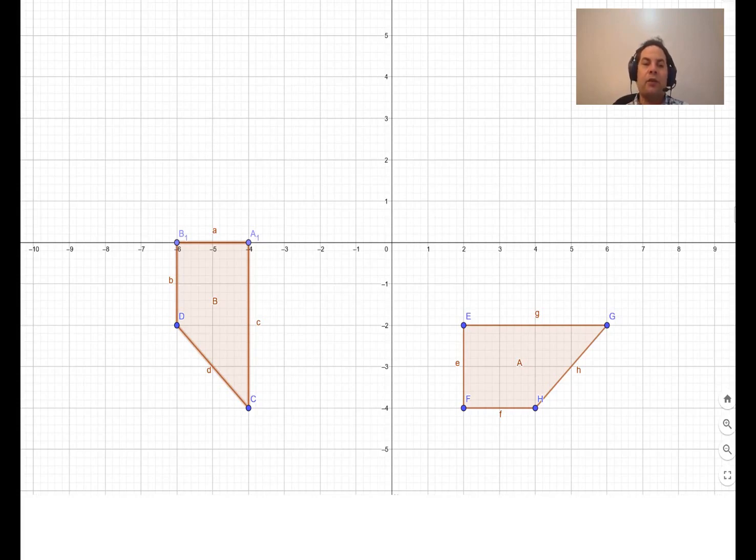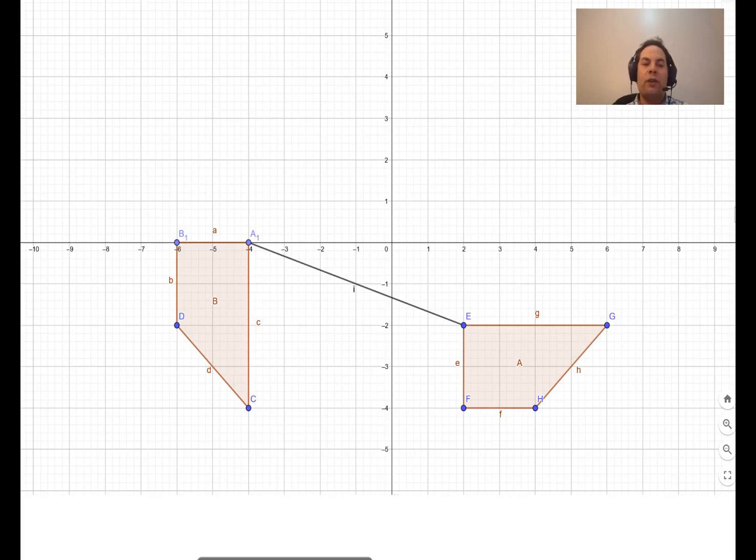Let's start first to join point A1 with A. This is corresponding. When I say corresponding points, it means this point is 90 degrees and also this point is 90 degrees. The sides of this angle are 1, 2, 3, 4 with 2, and also this is 4 and 2. So these 2 points are corresponding.